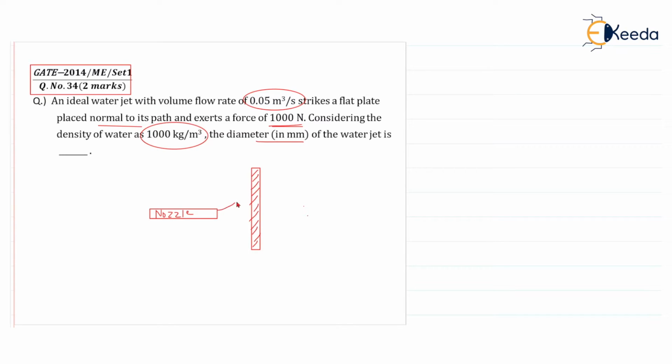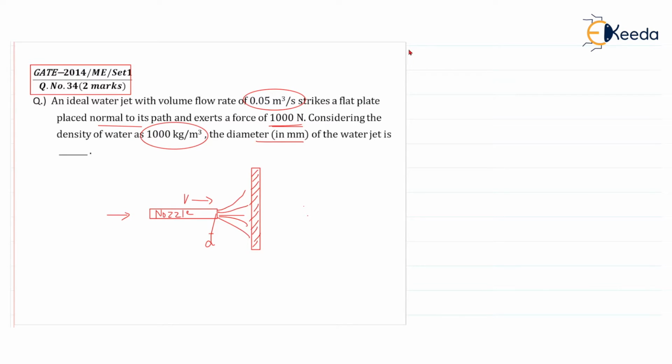Water jet is coming from the nozzle, and this is the diameter. Jet diameter is d. D is the jet diameter, and v is the velocity with which the water jet is coming. And this is the flow direction.